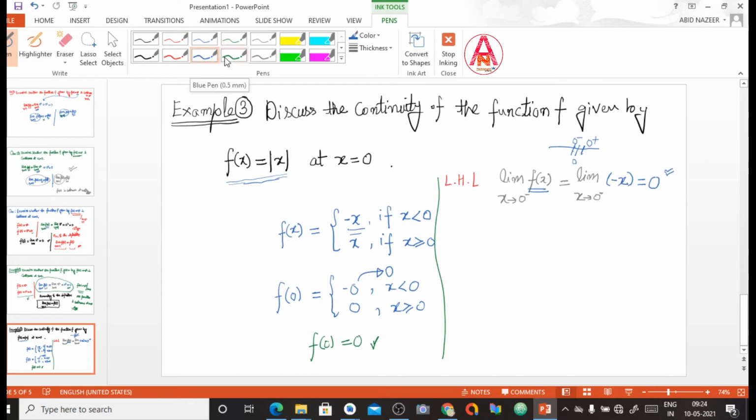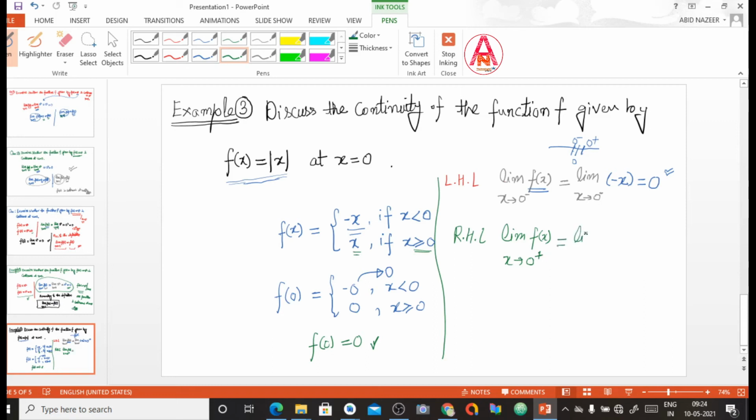And for the right hand limit, RHL, the limit of f(x) as x tends to 0 plus: for 0 plus the function value is going to be x.